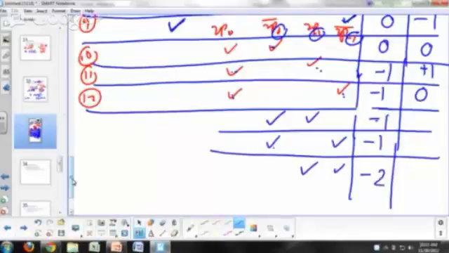Let's look at the total spins. Spin up, spin down, 0. Spin up. I'm sorry, I got it wrong. All right. This is spin down, spin up. Okay, it's still 0.